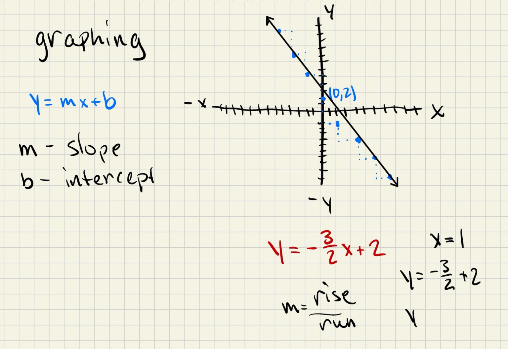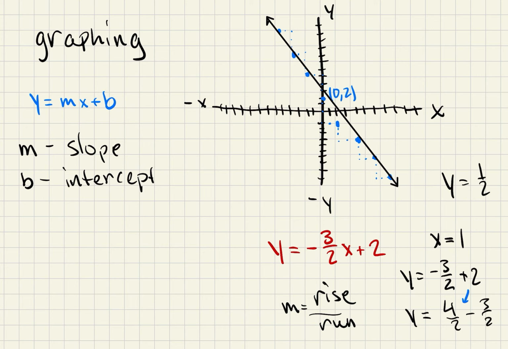So we can do y equals 2 over 1, or we can make it 4 over 2 minus 3 over 2. So notice that our 2 here became 4 over 2, and I just moved over the negative 3 over 2 just to make it look a little bit better. So y equals 1/2.